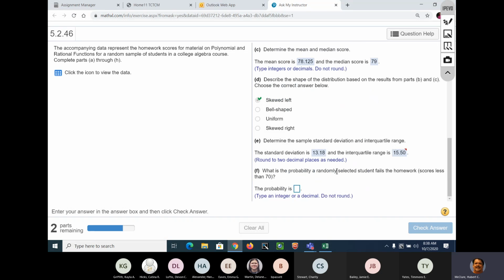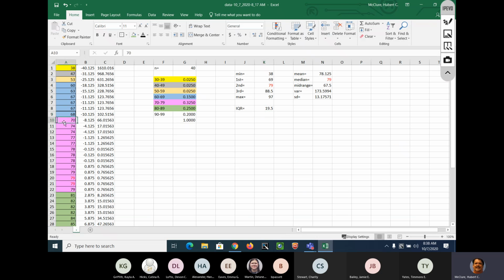What is the probability that a randomly selected student fails the homework, scores less than 70? Since they don't tell you to use the empirical rule, you could just go to the data. How many are below 70? 1, 2, 3, 4, 5, 6, 7, 8, 9.